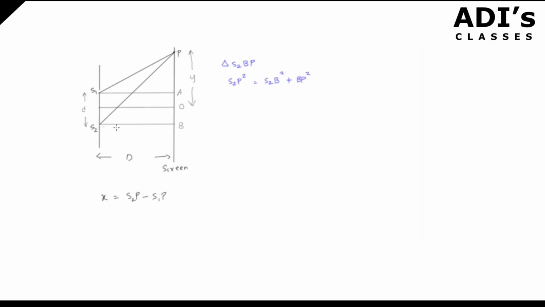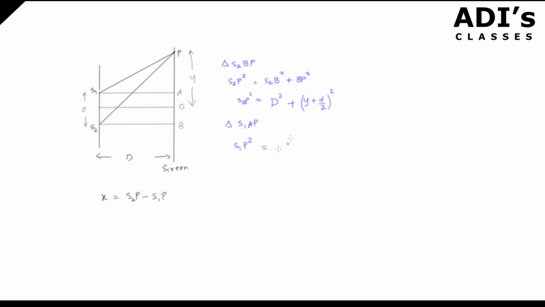For S2P and S1P we are going to use two triangles. The first triangle is S1AP, the second is S2BP. First we'll consider triangle S2BP, a right angle triangle. By Pythagoras theorem, S2P square is S2B square plus BP square, right?